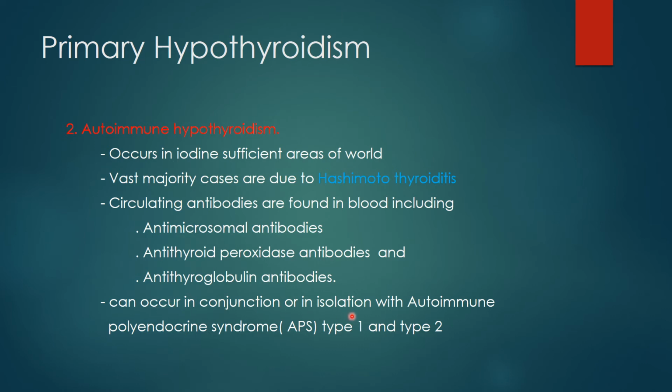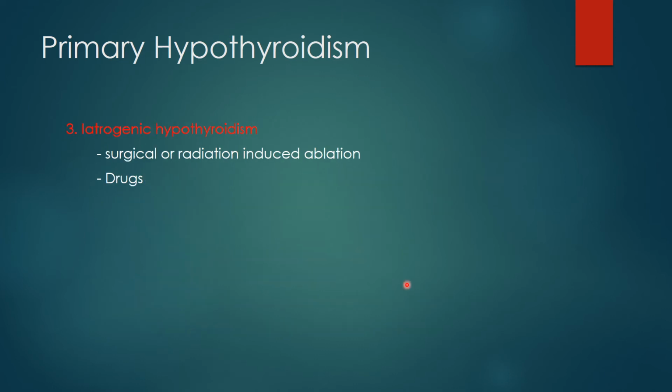However, autoimmune hypothyroidism can also occur in conjunction or in isolation with autoimmune polyendocrine syndrome type 1 and type 2. The last and third most important cause of hypothyroidism is iatrogenic hypothyroidism.